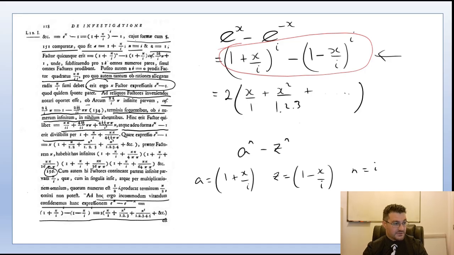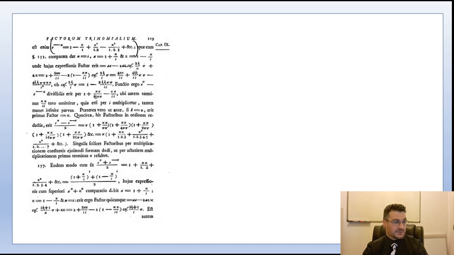I'll find the factors of it. And the factors are going to be of the form aa minus 2az cosine 2k pi over I plus z.